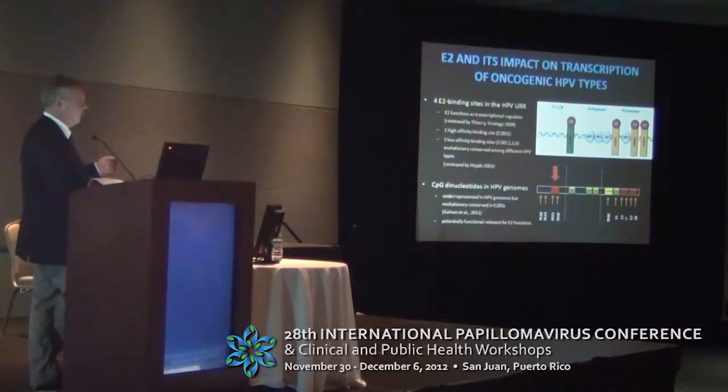And this is the reason why the virus just produces as little E6 and E7 in the early stages of the infection as it needs in the basal cells that are still replication competent, but then can shut off the very same expression and downregulate the very same promoter element. So a very tricky system, and details have been reviewed in a very nice article by Hegde et al. 2002.